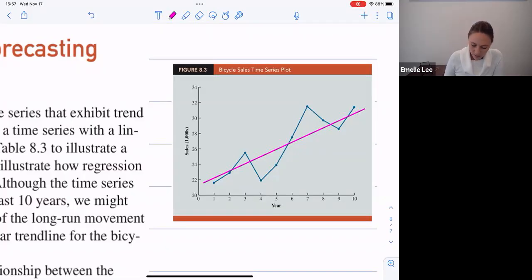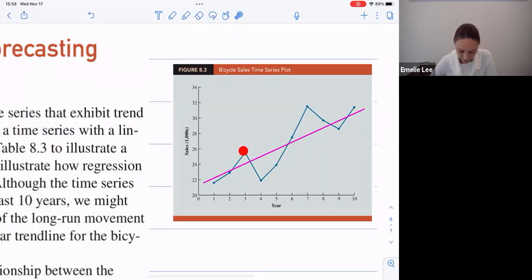One thing you want to look out for is this is over years, so over 10 years. There doesn't seem to be anything cyclical going on here. It does have a wave. There's always going to be some sort of wave, but there doesn't seem to be a pattern. You know, every 3 years something happens.